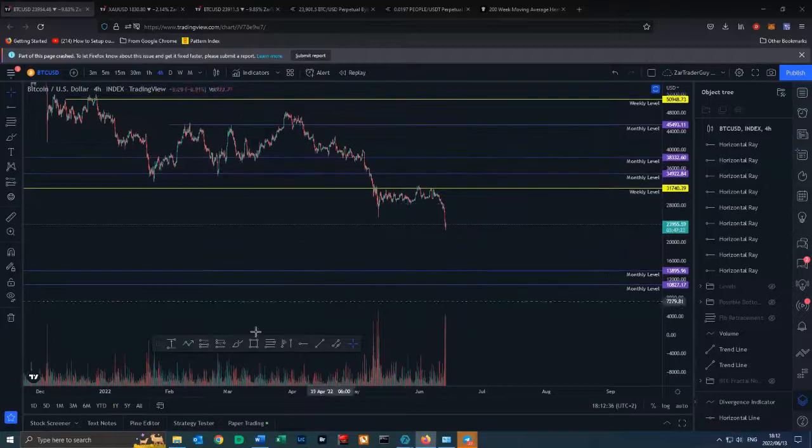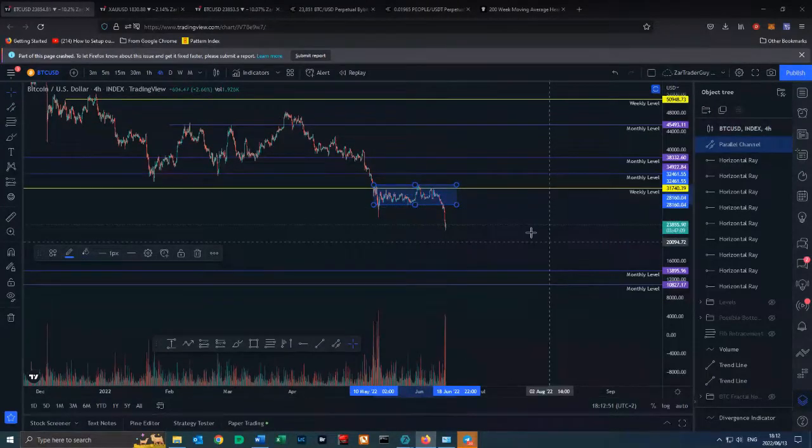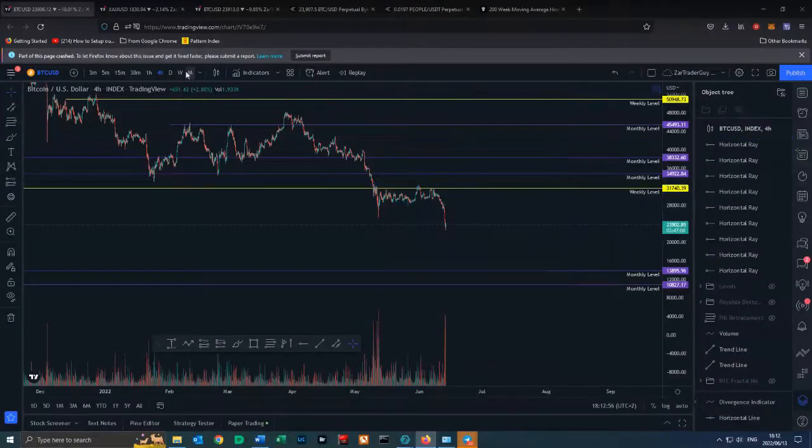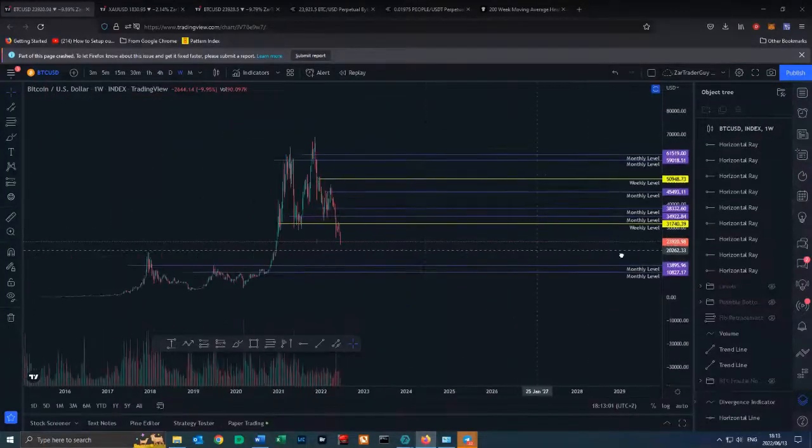You can remember that we were trading in this little parallel channel for quite a few weeks, right up until we broke the channel to the downside. Literally last night and that's where all the poo started hitting the fan, if you want to put it that way. Okay, so let's keep on looking for some more weekly levels. Let's expand that.